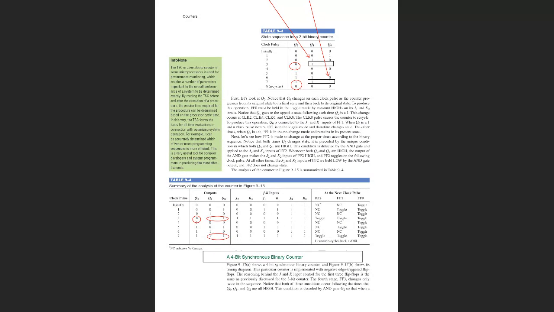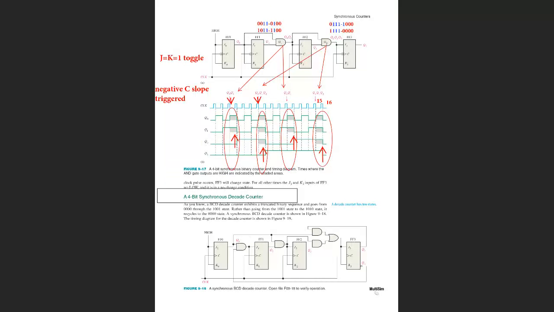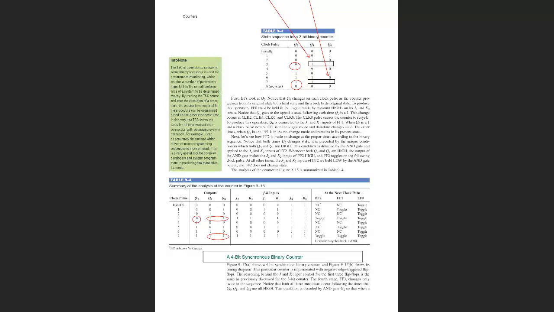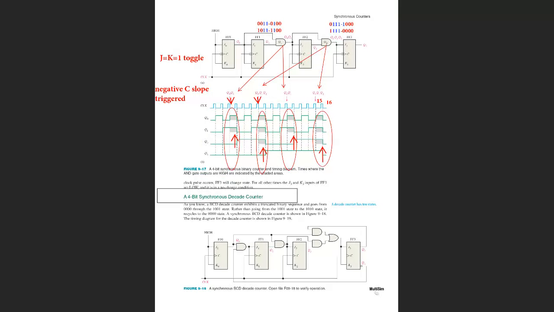Again, the same story here with more details. Let's have now an example of a 4-bit synchronous binary counter. And again, the same story, because JK is connected, FF0 is connected for toggle, and every flip-flop is toggling whenever its JK signals are 1.